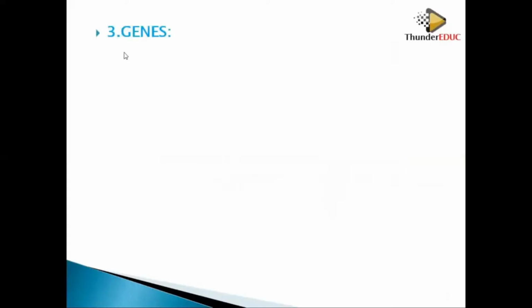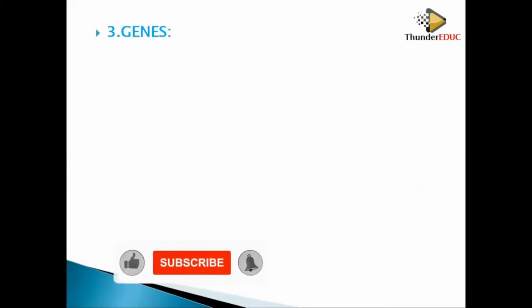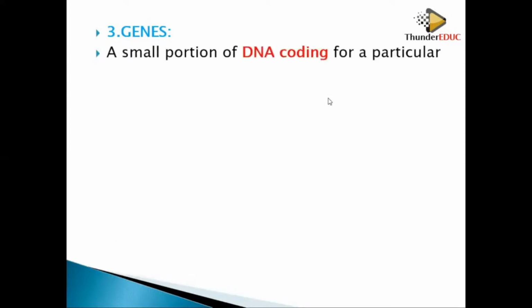What about genes? Chromatin network, chromosomes, genes. Genes are just small sections on the chromosome. If you break down the chromosome or the DNA, you form different portions. Those different portions form what are called genes. We are saying that a gene is a small portion of DNA coding or controlling a particular character, a particular protein.